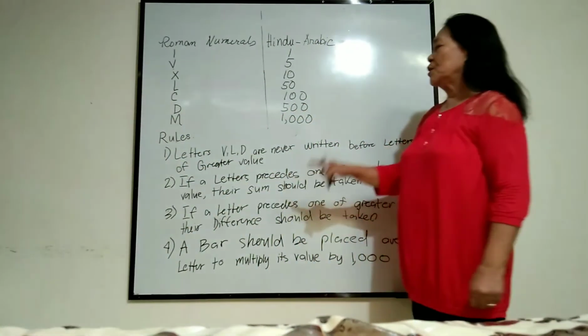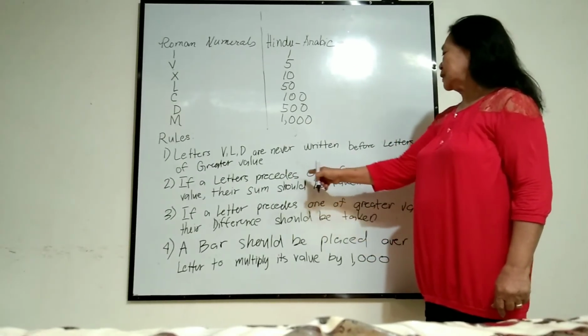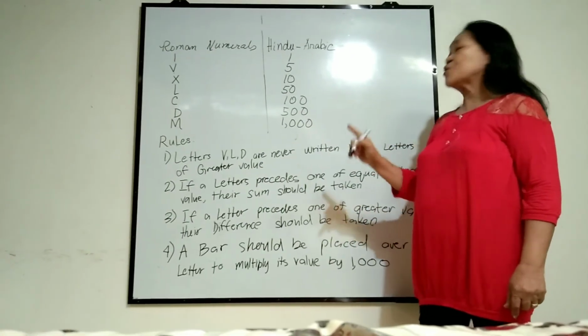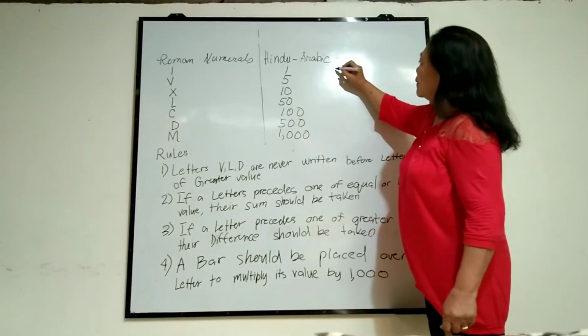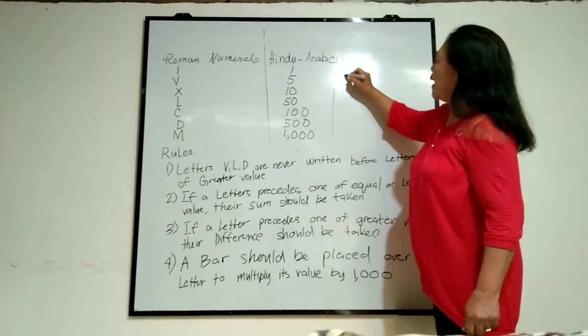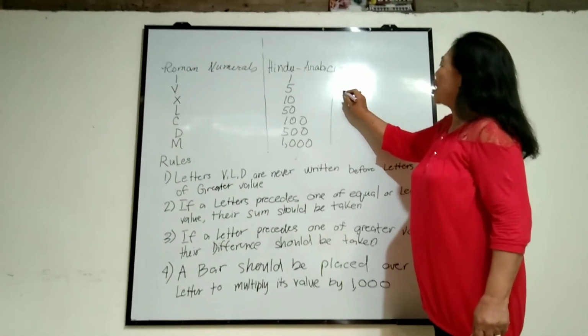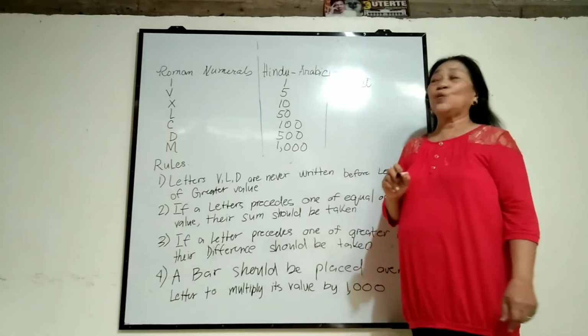Number 2. If a letter precedes one of equal or lesser value, their sum should be taken. So you're going to add. Example, X, X. So this is 10 plus 10 equals 20. So the value is 20.